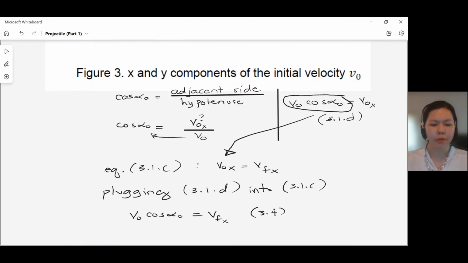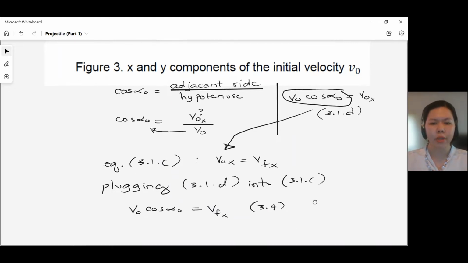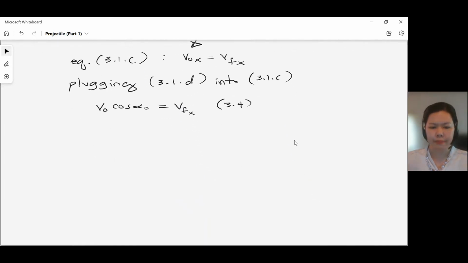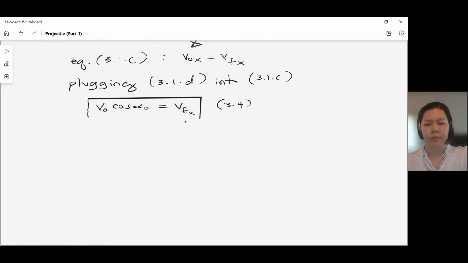Moreover, from 3.3.b, we recall our equation 3.3.b. Let me emphasize this one because it's very important, 3.4.